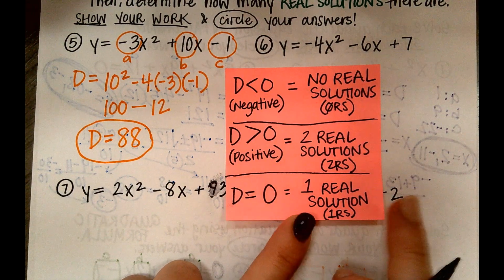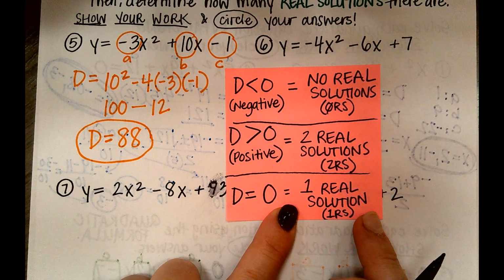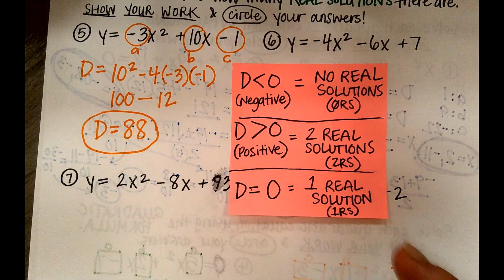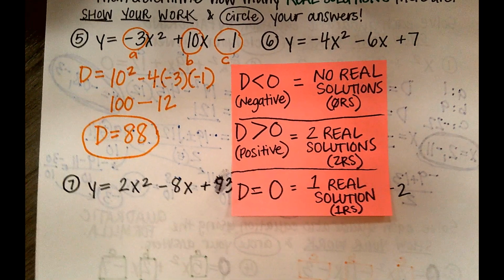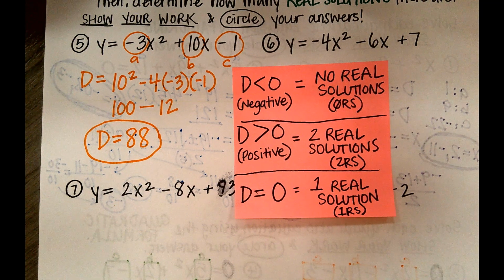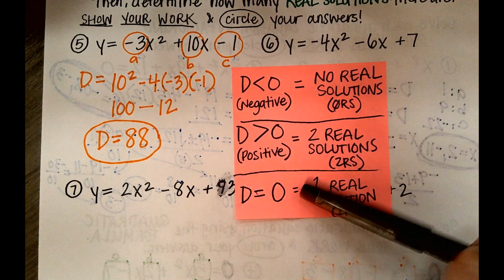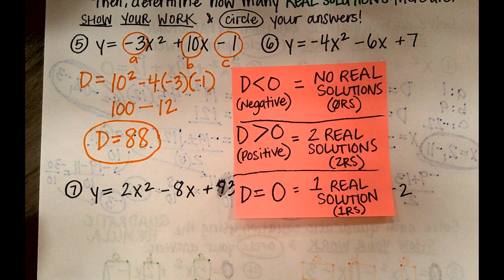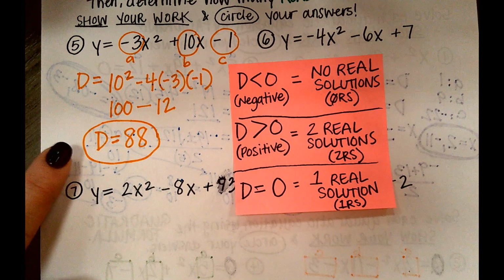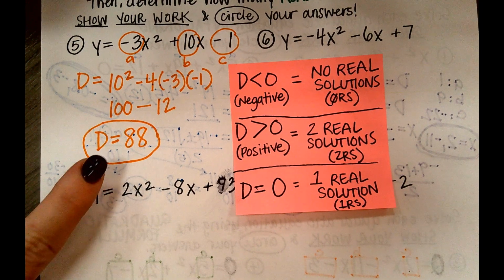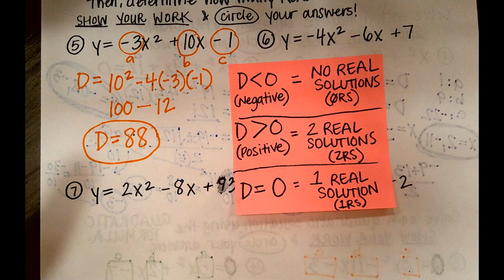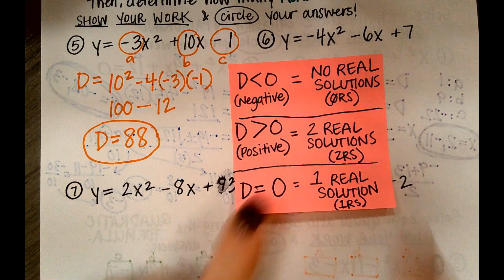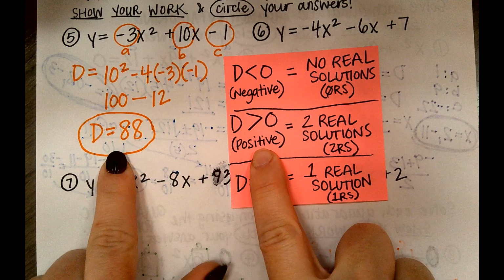So, I would definitely write this down. However, if you don't want to write it down, number 9, 10, and 11, we're going to fill in the blanks and have basically this written down anyway. So, for number 5, my discriminant is positive 88. How many real solutions are there? 2, because it's positive.